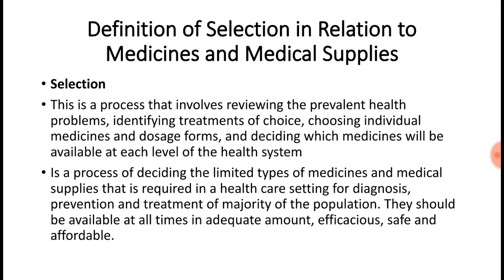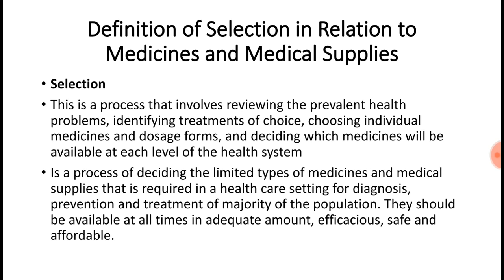Basi ni dosage form gani kati ya either tablet au suspension or whatever ambayo itafaa kwa ajili ya matibabu ya minyoo katika jamii yetu. Lakini ni based on selection criteria ambazo zimewekwa na utawala na wataalamu wa afya, and also to decide which medicines will be available at each level of the health system.